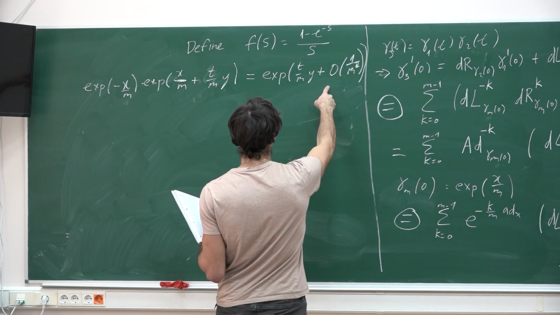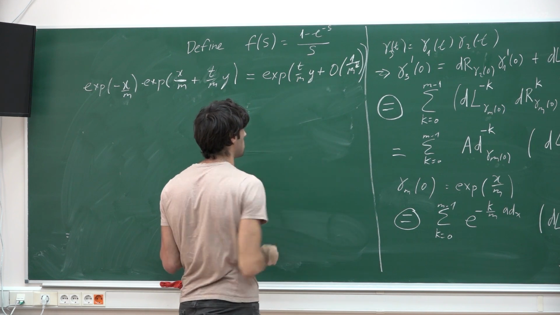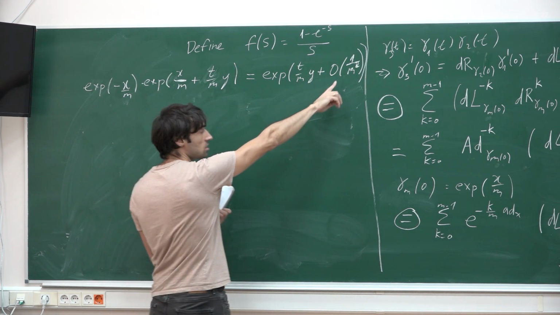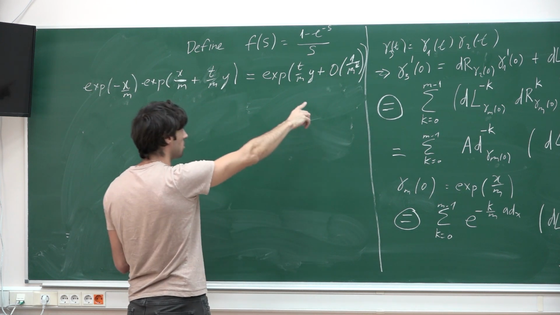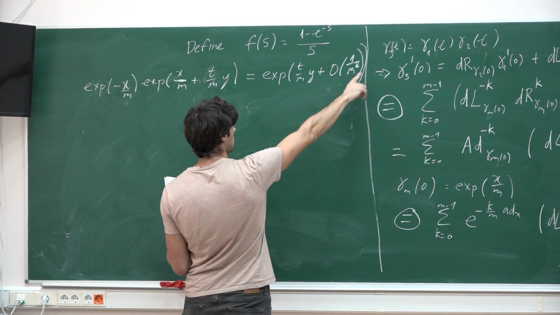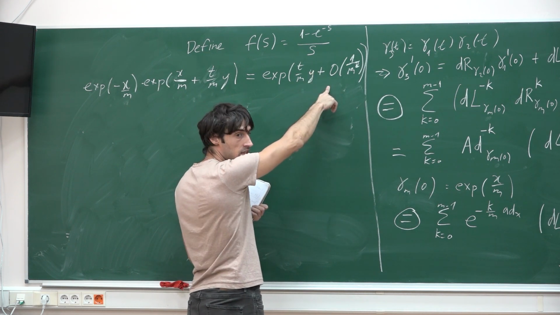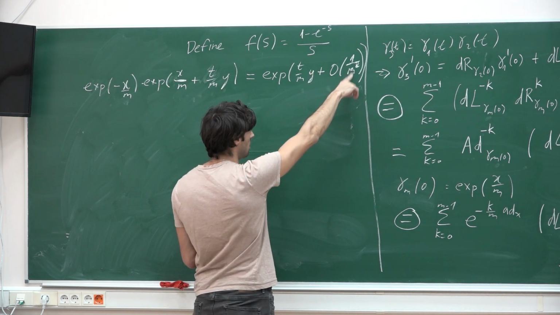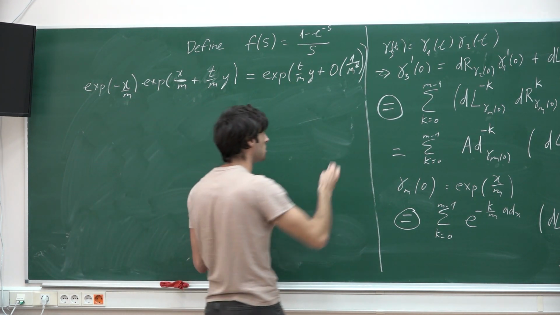So when I take the derivative with respect to t, well, of course, t is also here as well, right? But when I take the derivative with respect to t, I need to see what the linear terms are. So I will have y over m plus something multiplied by 1 over m squared in any case.